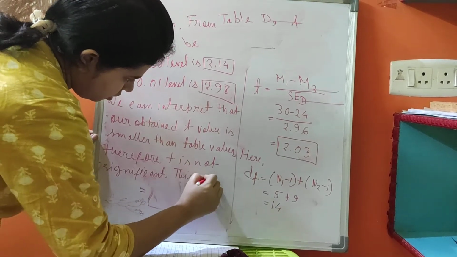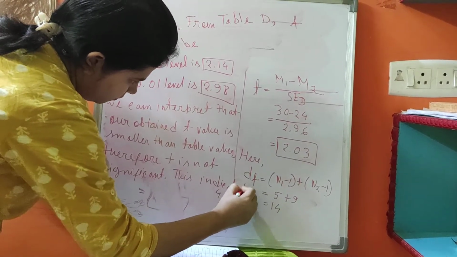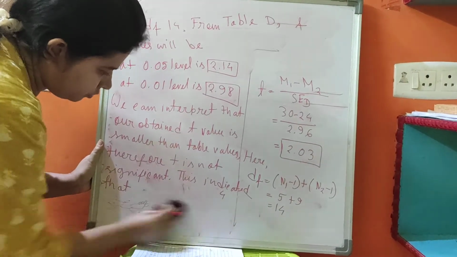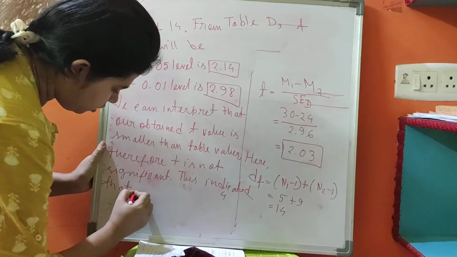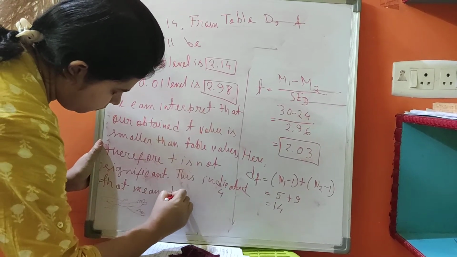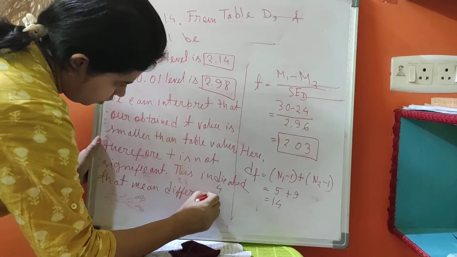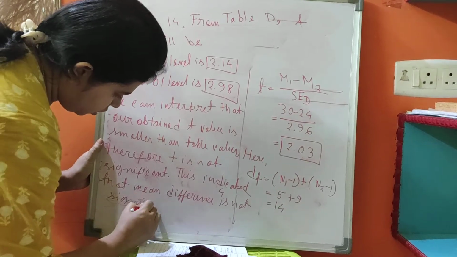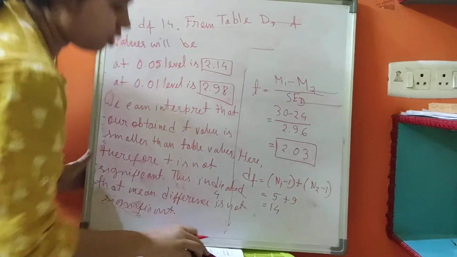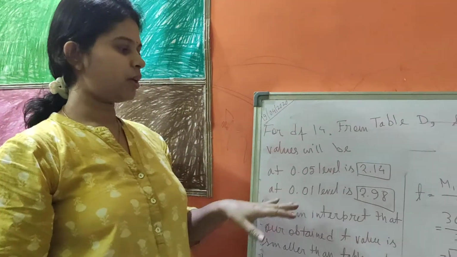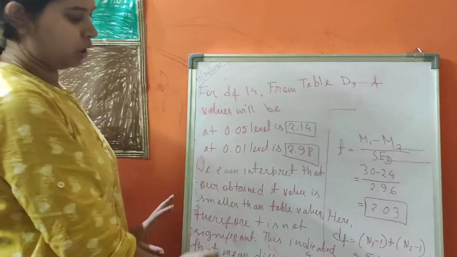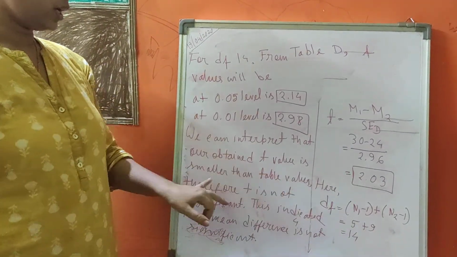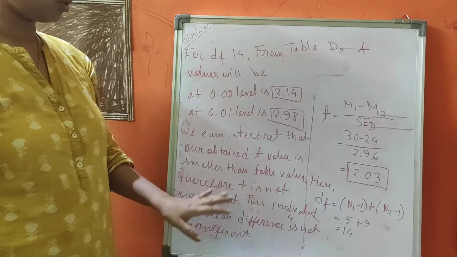This indicates that the mean difference is not significant. So you can see this is the way we write down the interpretation of the whole calculation: our obtained t value is smaller than the table value, therefore t is not significant.